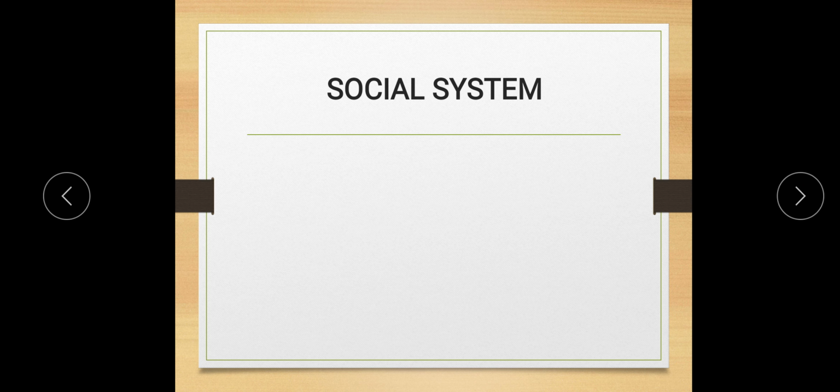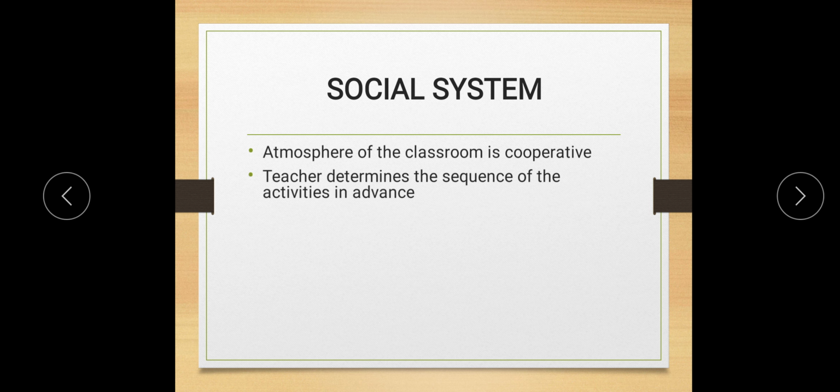And social system, as we have seen earlier, is the atmosphere of the classroom, basically what is the situation that you see in the classroom. The atmosphere needs to be cooperative because they are working in groups. The teacher determines the sequence of the activities in advance. That's what I'm saying. You need to guide them on what the next step is, because this is something scientific, something logical, and this needs to happen in a sequence.